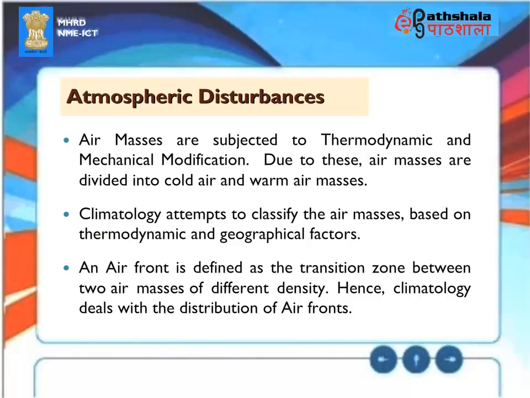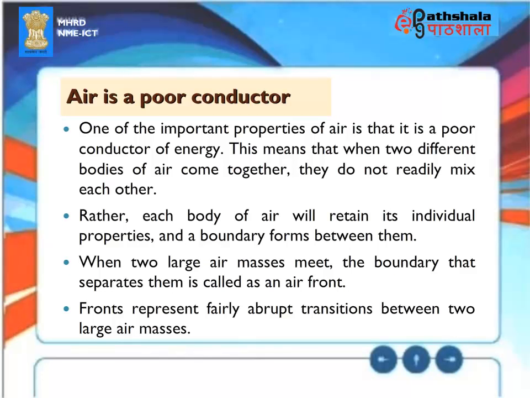An air front is defined as the transition zone between two air masses of different density. Hence, climatology deals with the distribution of air fronts. Air is a poor conductor. One of the important properties of air is that it is a poor conductor of energy.